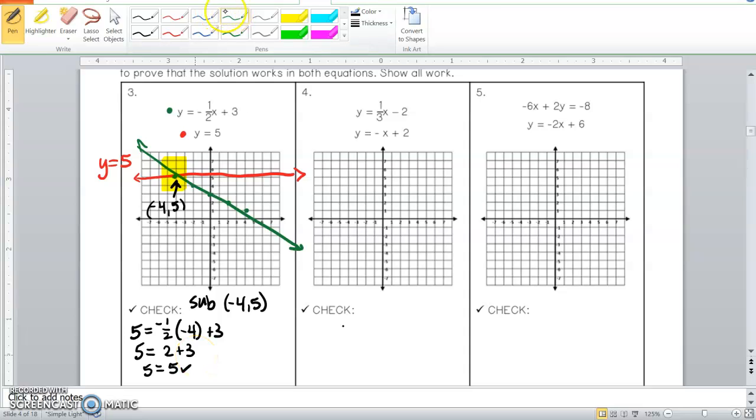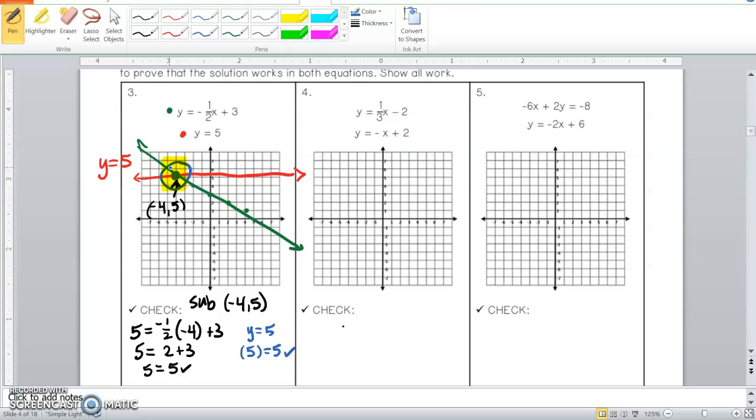If I plug it into my other equation, y equals 5, I'm going to substitute in my y value. 5 does equal 5. So yes, this is the solution to my system of equations.